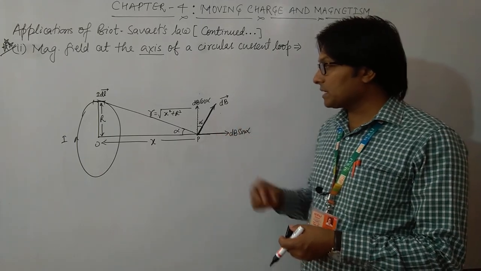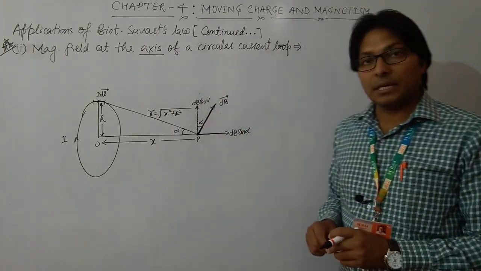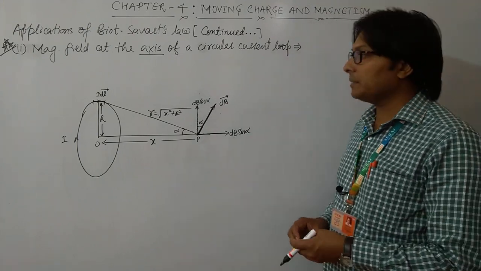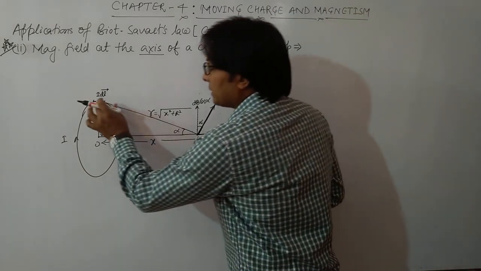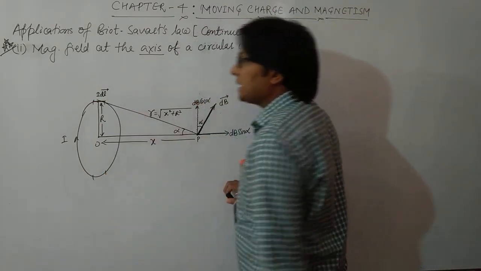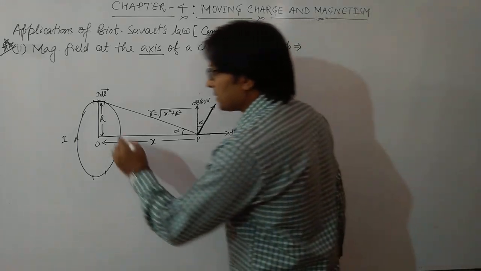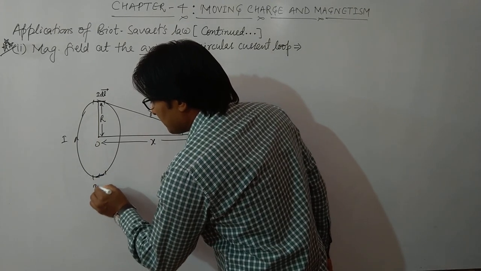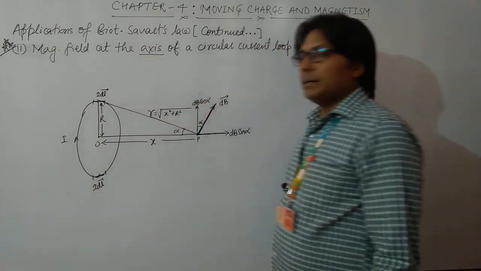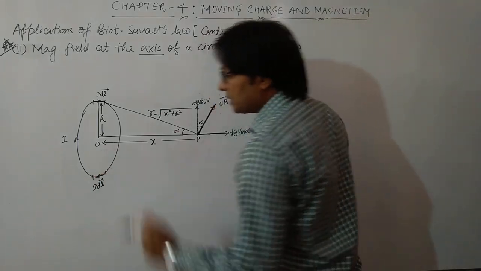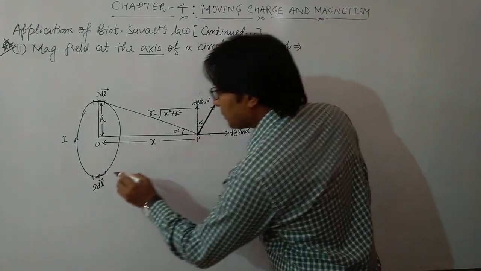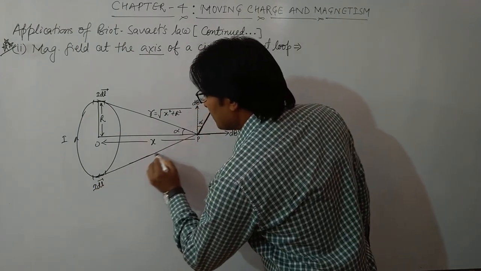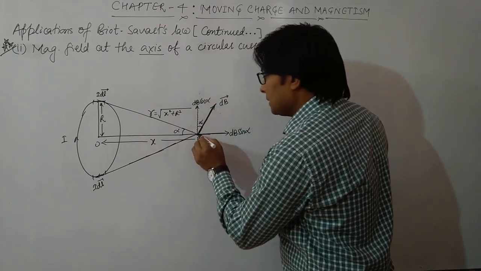Now, this dB cos alpha has no role in the net magnetic field. You will ask why. If I assume exactly the same current element, idl vector, diametrically on the opposite side, then definitely the magnetic field due to this current element at point P will be in this direction.